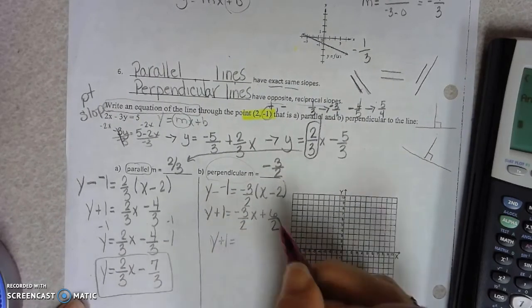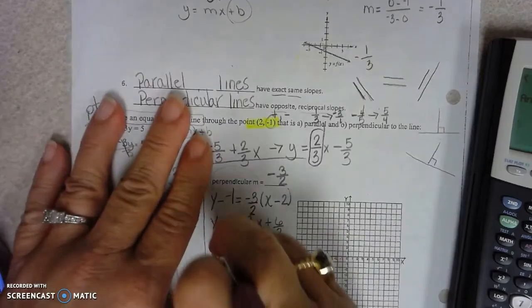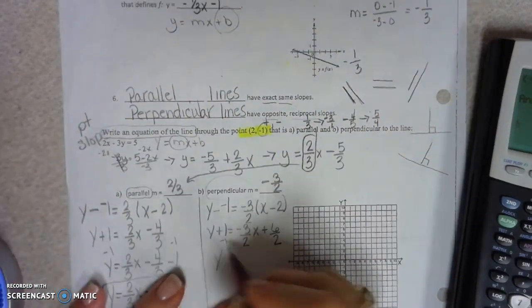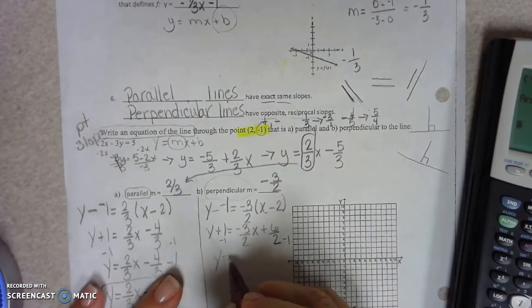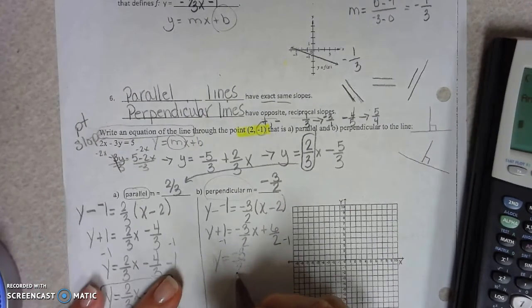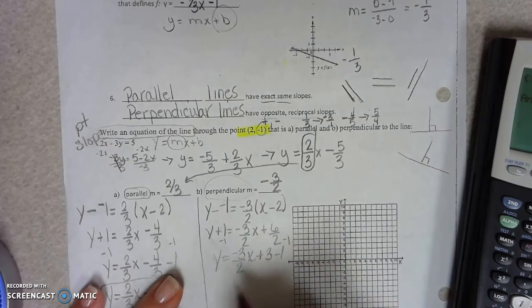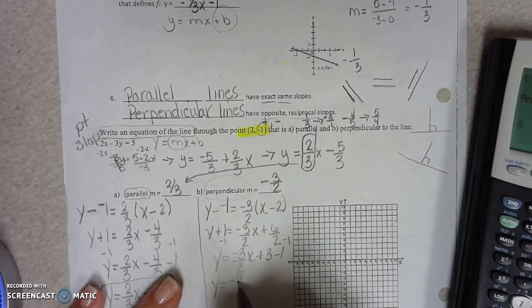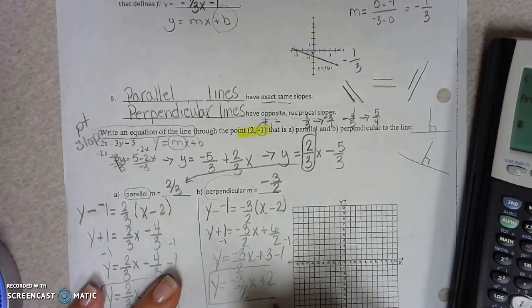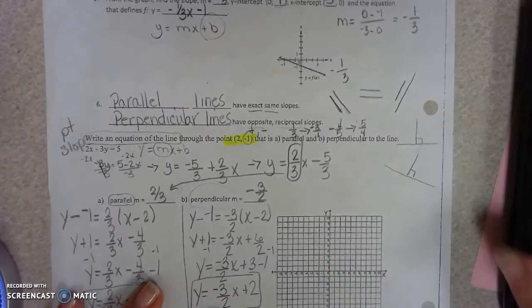Well, I don't have to use a calculator for that. Let me subtract 1. Negative 3/2 x. 6/2 is 3. And then you've got your minus 1. And there's my line for my perpendicular.